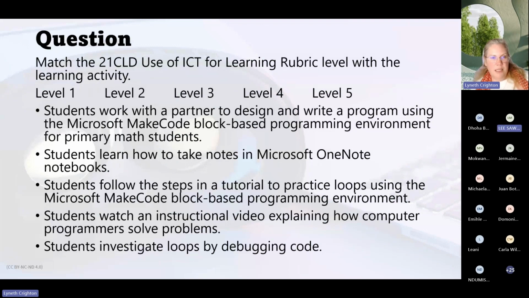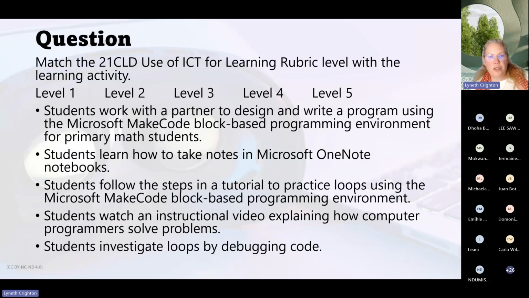Yes, there's ICT because it's MakeCode. Yes, does it support the knowledge construction? Yes. Are they creating, would they have got to that same knowledge without it? No, because they're having to redo it for primary school students. And lastly, they're designing an ICT product.